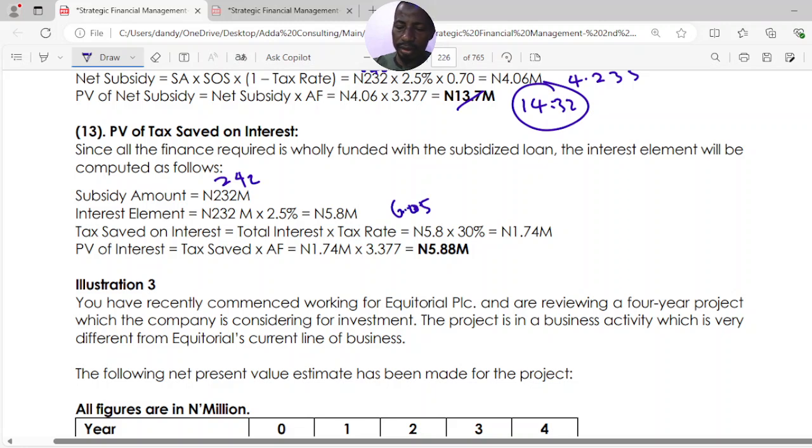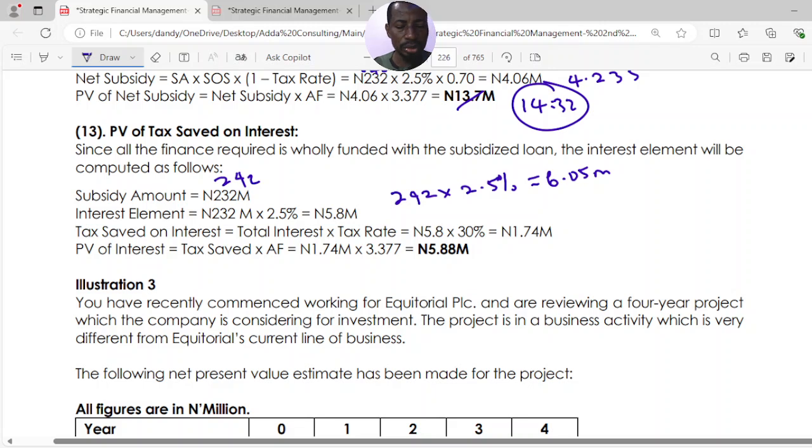Let me write it. 242 multiplied by 2.5% is equal to 6.05 million. So that's said and done.